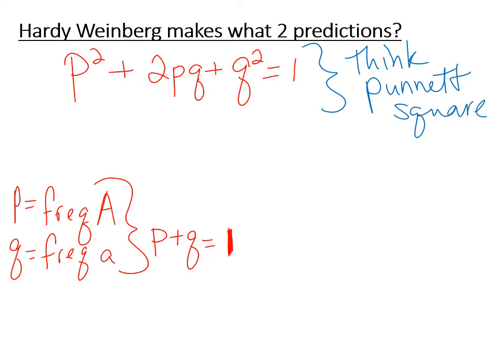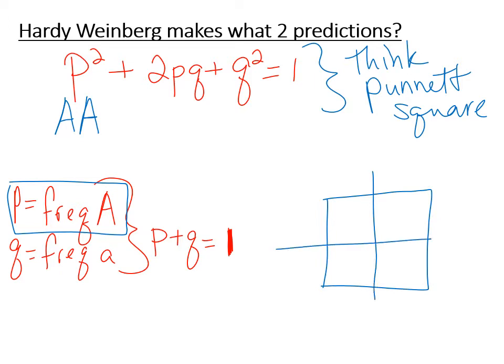If p is the frequency of capital A, your dominant allele, what does p squared mean? p squared means capital A times capital A, which you know from your Punnett square, when we have 2 heterozygotes crossed, is that one doubly dominant genotype possible.